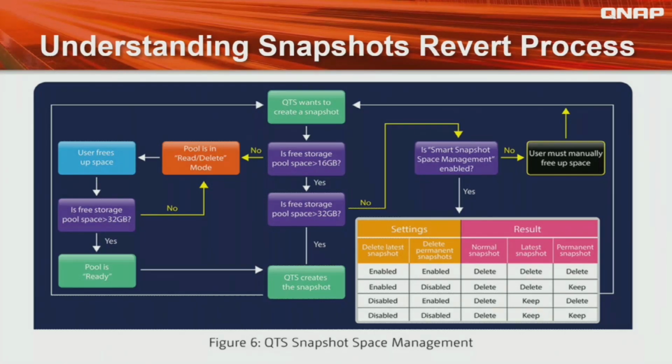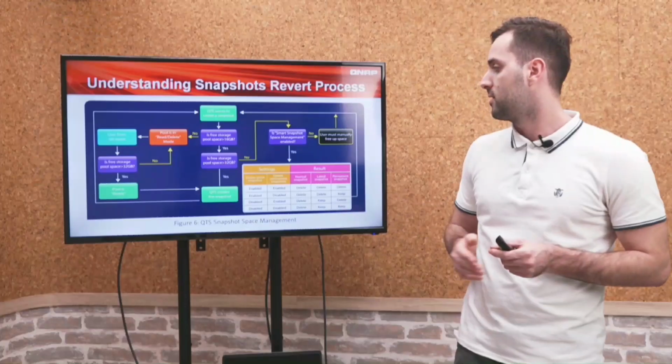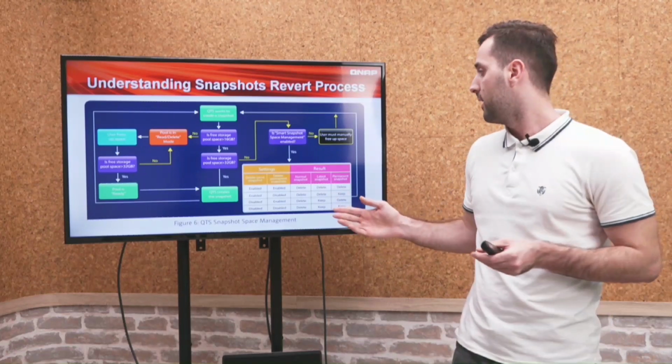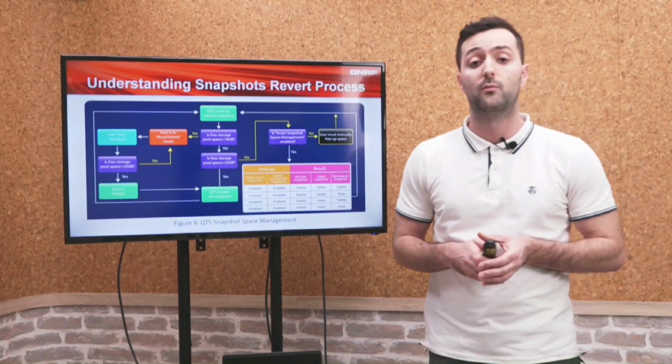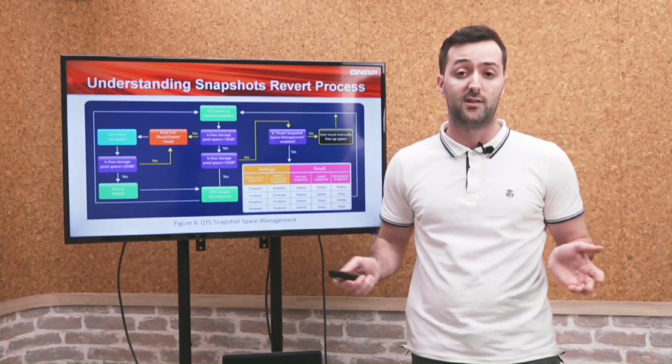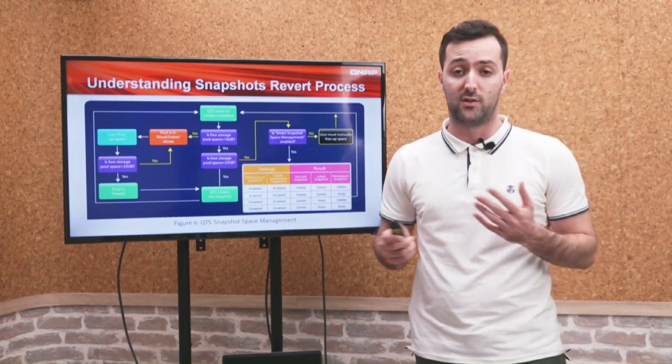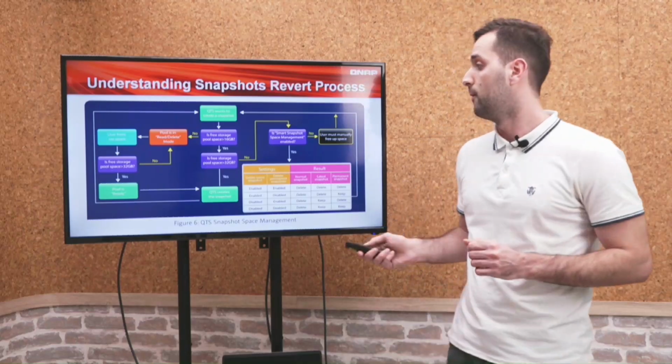So after 32 gigabytes, it will follow this hierarchy, this diagram, to create the snapshot. Or if smart snapshot space management is allowed; and if not, then you have to manually free some space as a user to create the snapshot. So you have to check if there is enough space in the storage pool.